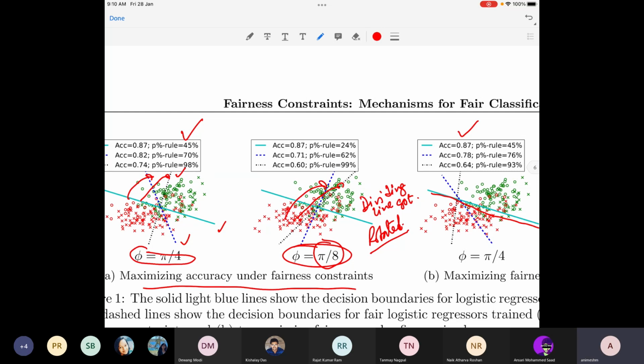So here we have seen the decision boundary or the dividing line has rotated. Here what has happened? Simple geometry. Here also there is a rotation.